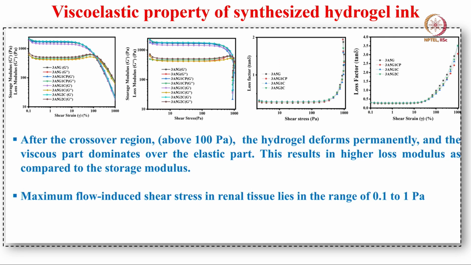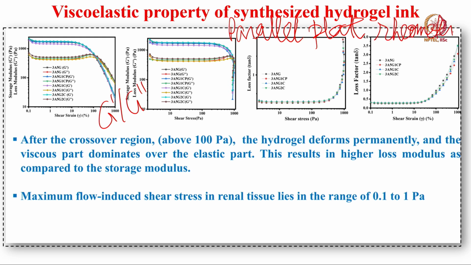Now, the viscoelastic property of these synthesized nanohydrogels. As I said, G prime and G double prime are the standard storage modulus and loss modulus, which one can measure by parallel plate rheometer or conical plate rheometer, but most commonly the parallel plate rheometer is used in this kind of property assessment. This is the tan delta.